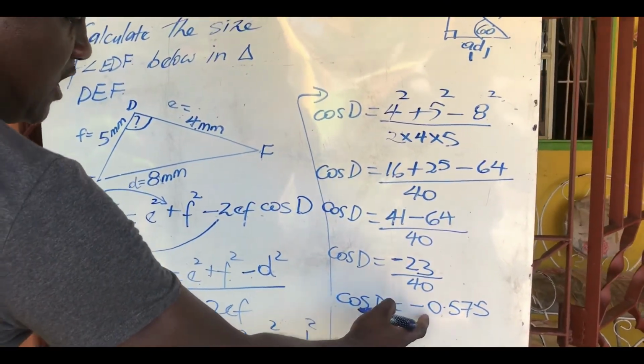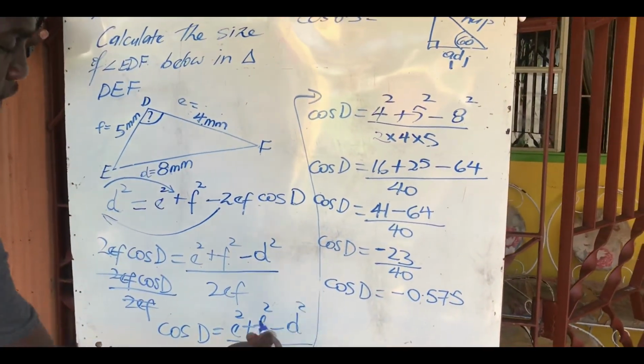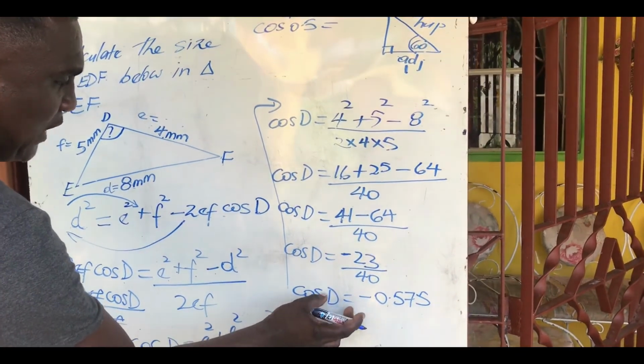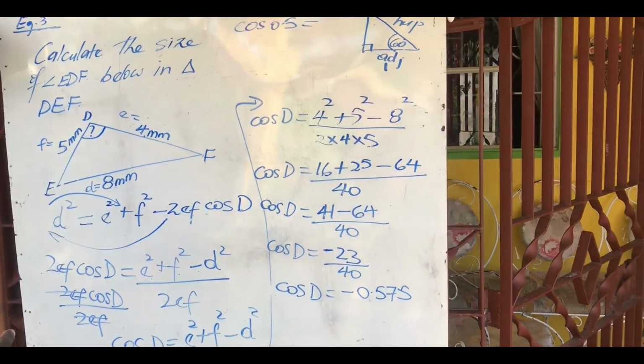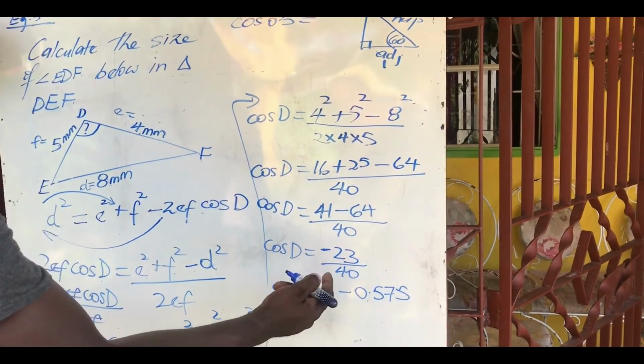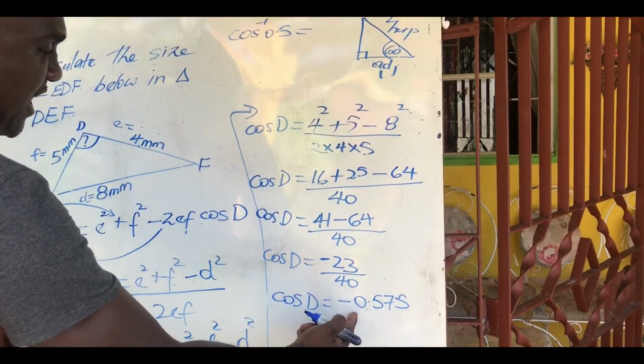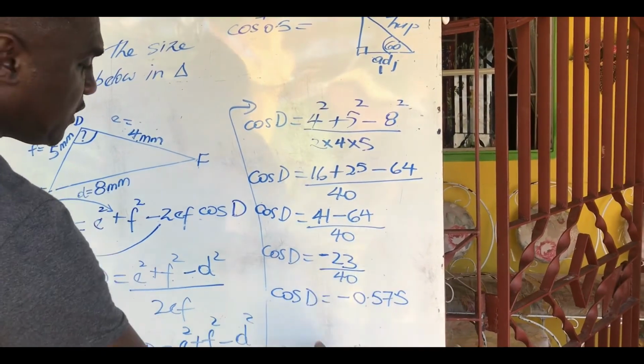Now this is cos D equals negative 0.575. So what we actually want is D. So the cos of which angle would give us negative 0.575? Now, if we remember that if it is cosine and the ratio is negative, then the angle must be obtuse.